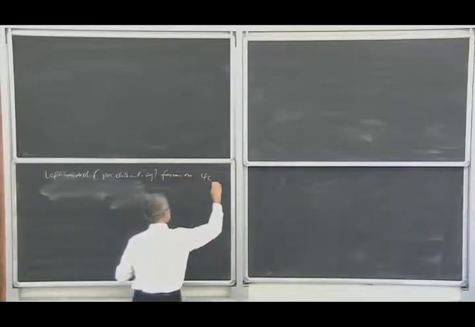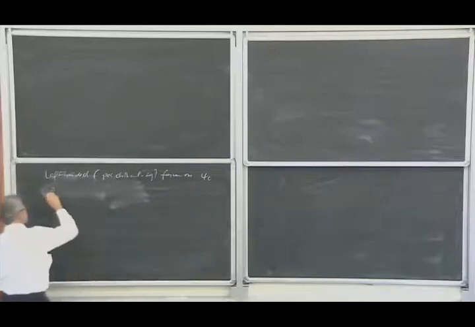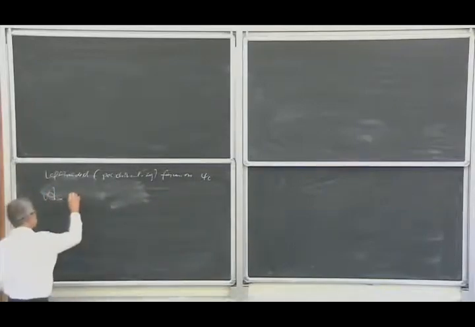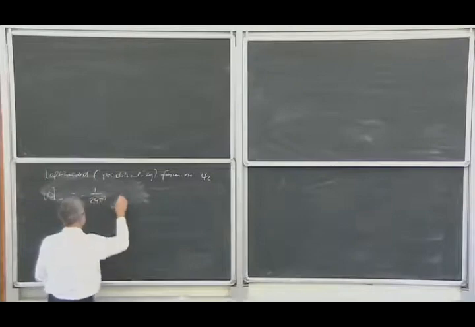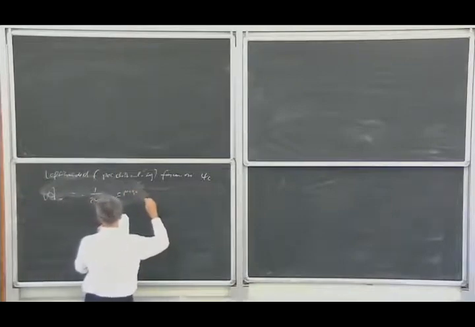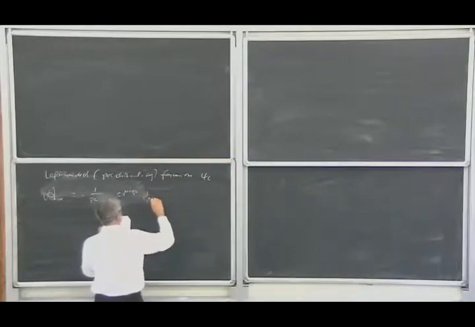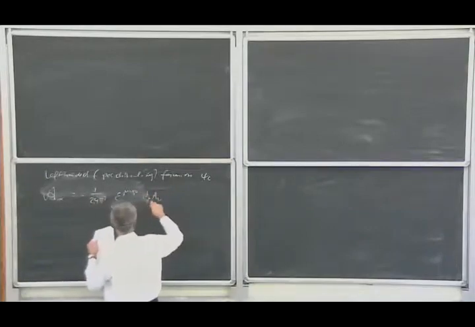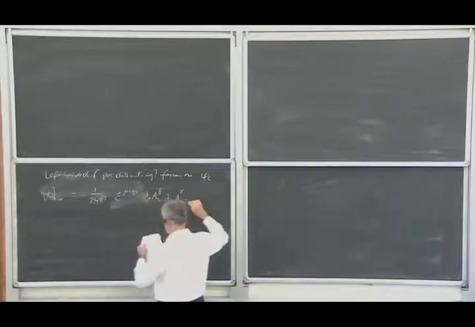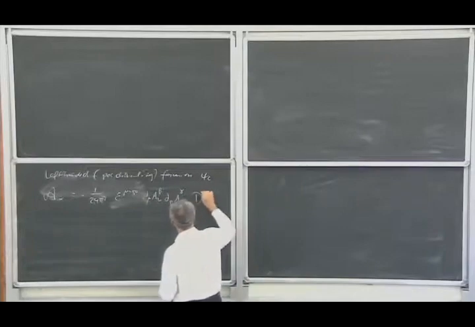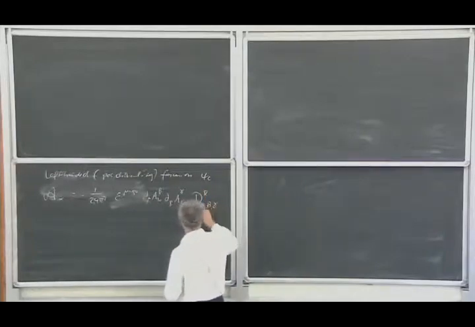So this was my psi_L, and we found a contribution to the anomaly of -1/(24π²) ε^{νρσ} ∂_μ A_ν^α ∂_ρ A_σ^β, and then we had this d symbol d^{αβγ}, which was this trace of T^α, T^β, T^γ symmetrized in the indices.